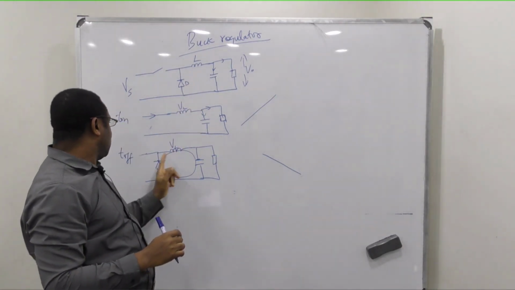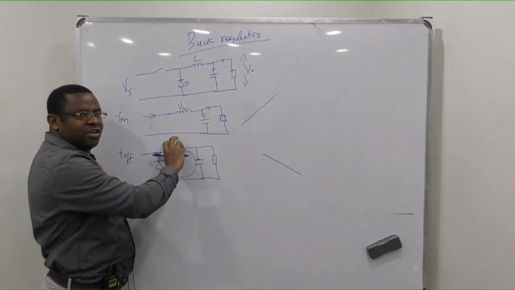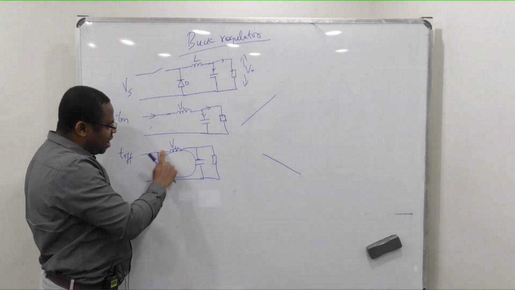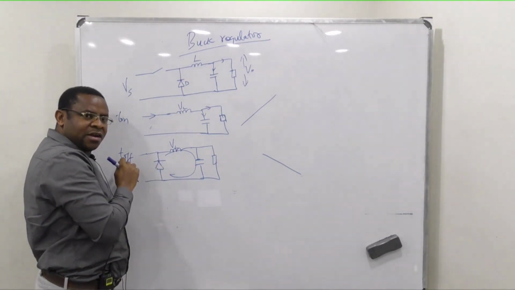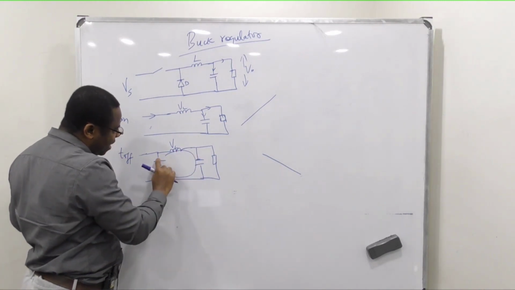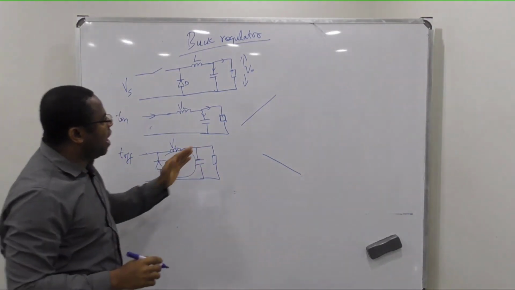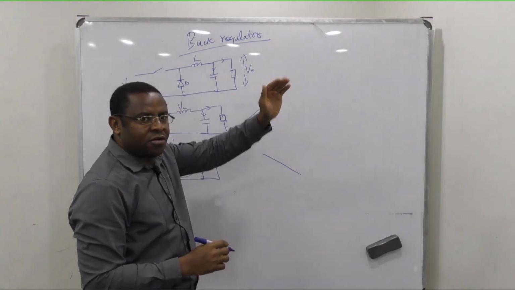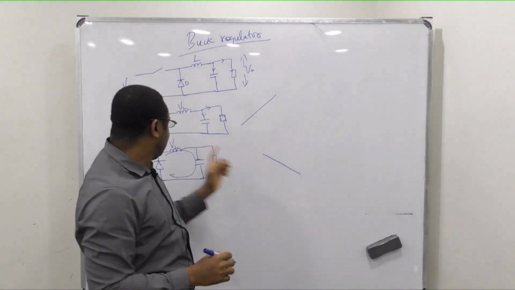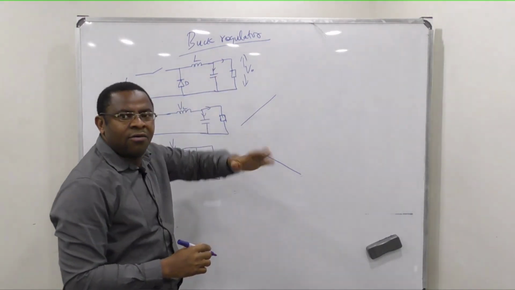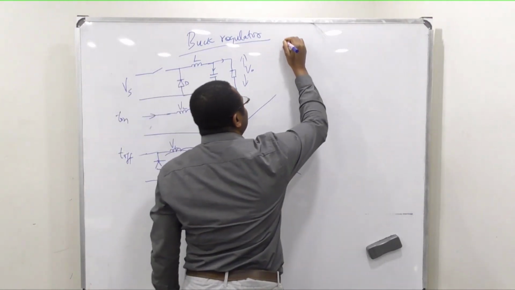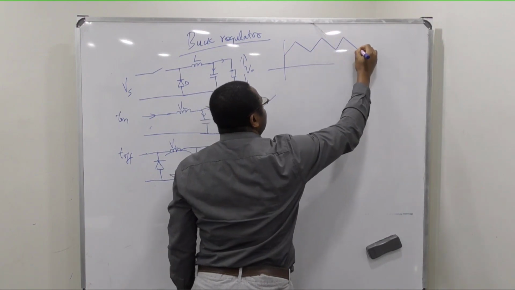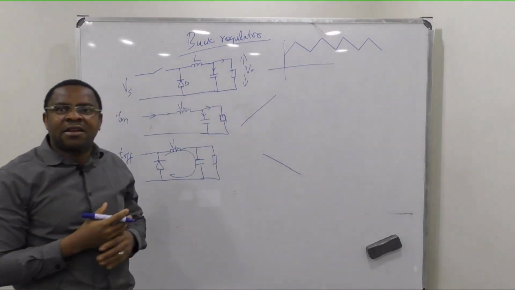Once you open it, the current that was built up will be discharged through this diode, because it is like a short. So current through this inductor will be going up, down, up, down, depending on your time on and time off.